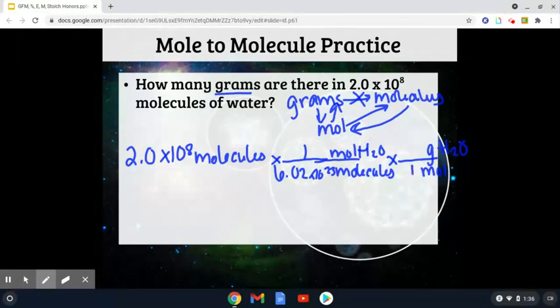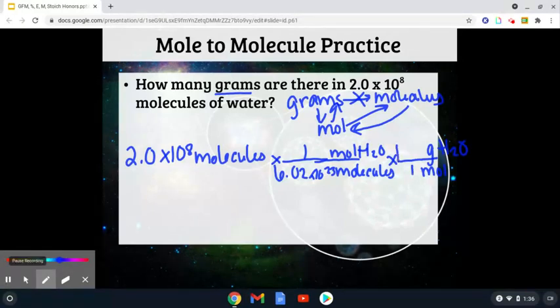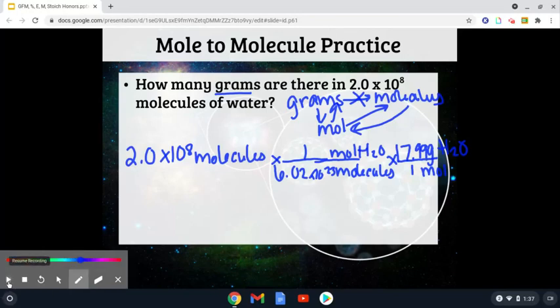So 1 mole of water is 17.99 grams of water. And then you would plug that into your calculator. You would do 2.0 times 10 to the 8th times 17.99.